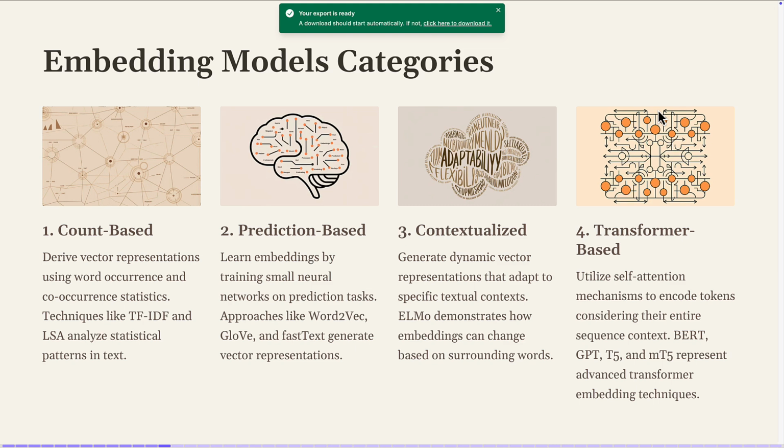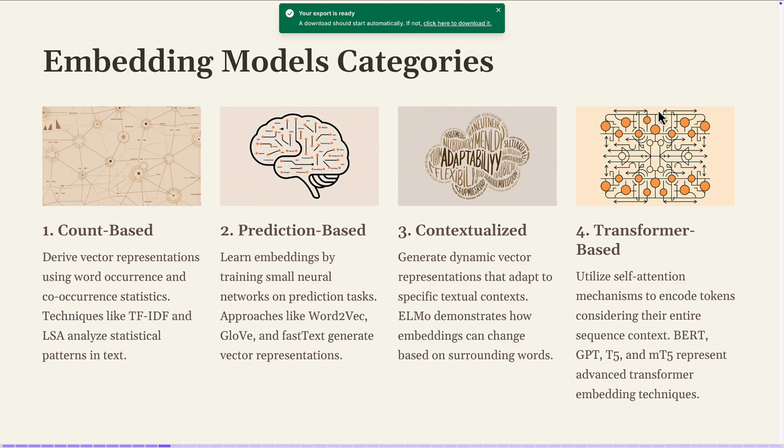And transformer-based, this is like the revolution. It's not only an embedding model, but it's a whole language model. And the embedding is trained along with the whole language model. So we're not going to provide a standalone embedding for a transformer, but the transformer is going to learn the embedding of the words and all the relationships between these different words.